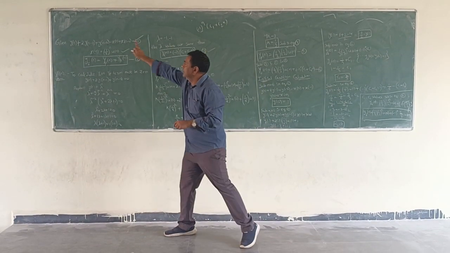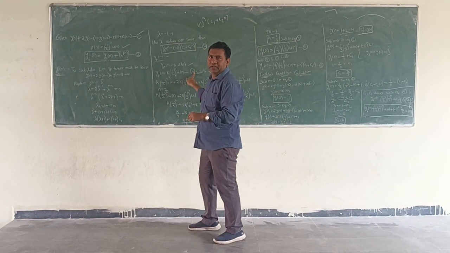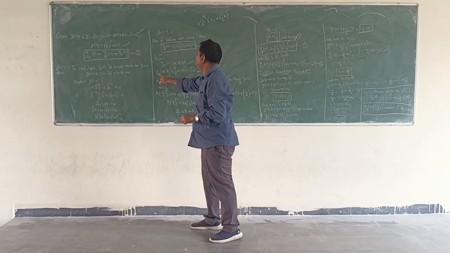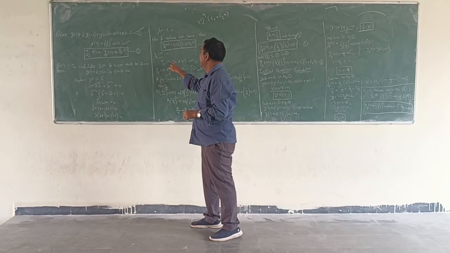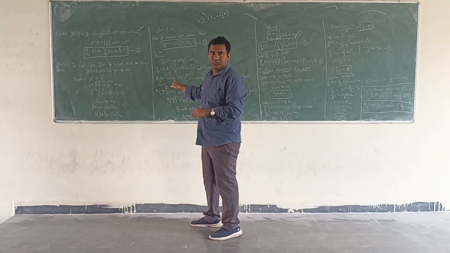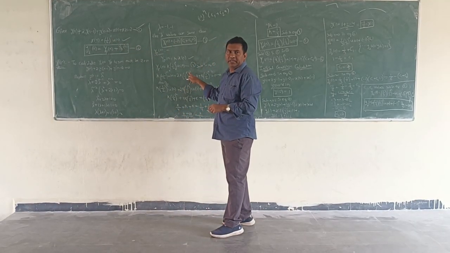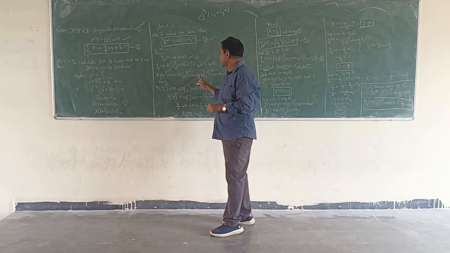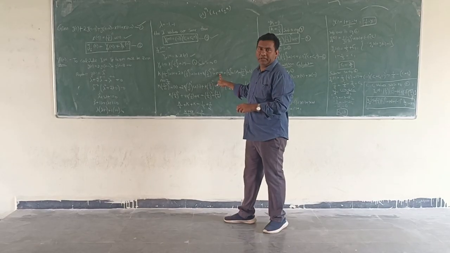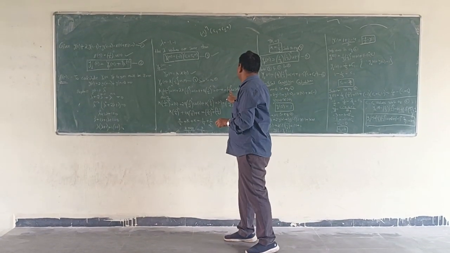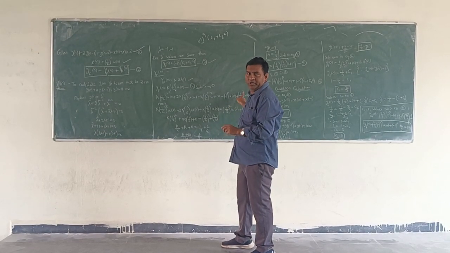Substitute equation 4 in the first equation. Then you have y of n, that is k into x of n plus 2 into y of n minus 1, that is k into half to the power of n minus 1 into u of n minus 1, plus k into half to the power of n minus 2 into u of n minus 2, equal to x of n, which is half to the power of n into u of n plus half to the power of n minus 1 into u of n minus 1.